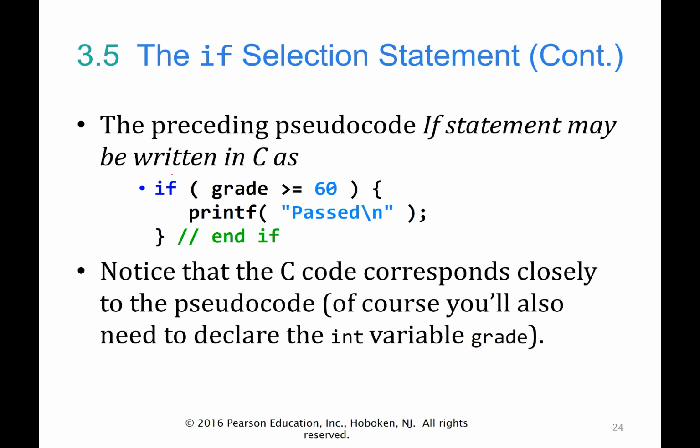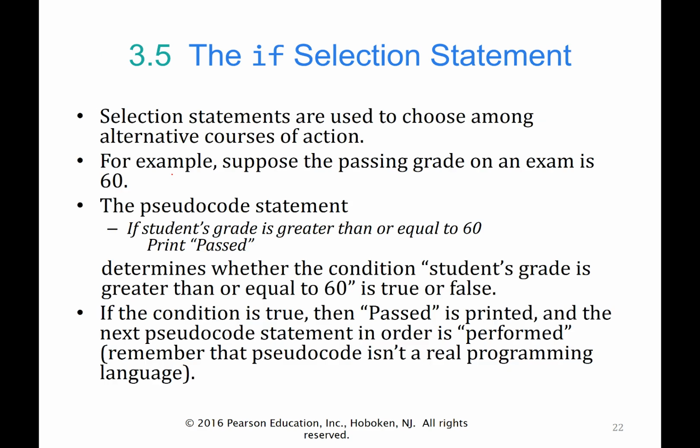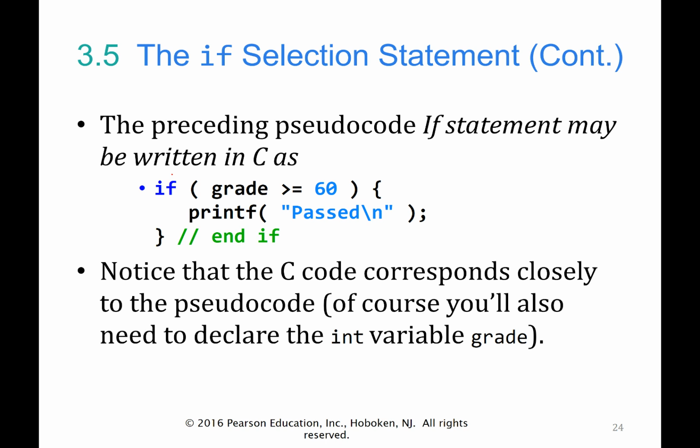So, if we look at our pseudocode, if student's grade is greater than or equal to 60, print student passed. Our pseudocode is a very long way of saying this. As you get more experience with writing pseudocode, the translation process from the pseudocode to the actual C code is very easy.